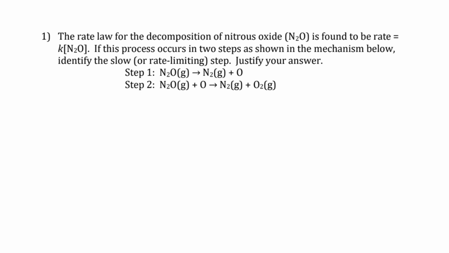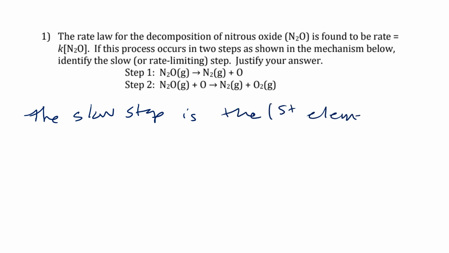So again, we can say we're talking about the slow step, but we have to be able to articulate it the correct way. So the slow step is the first elementary step.